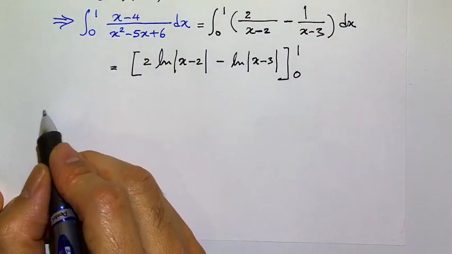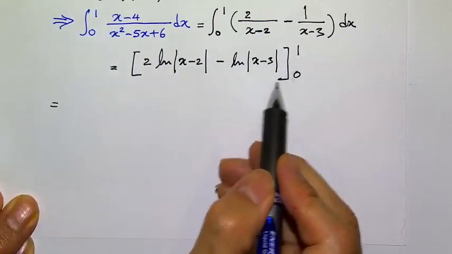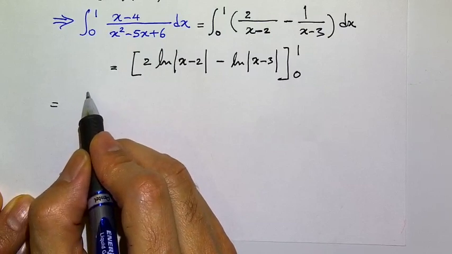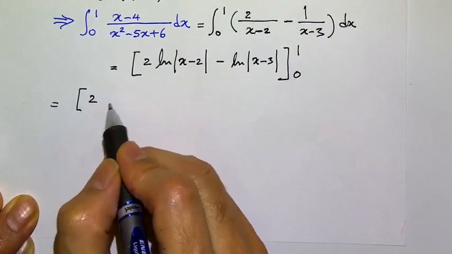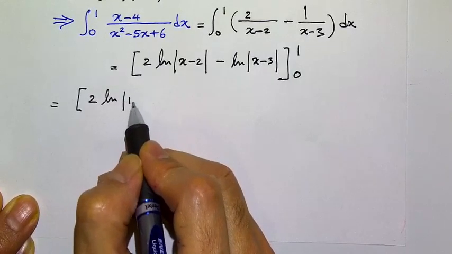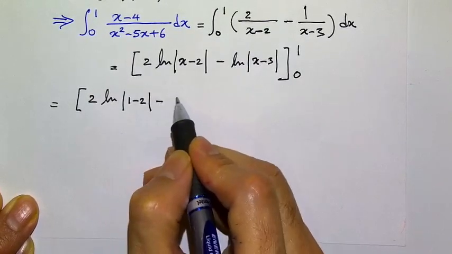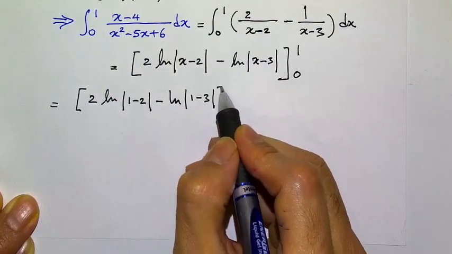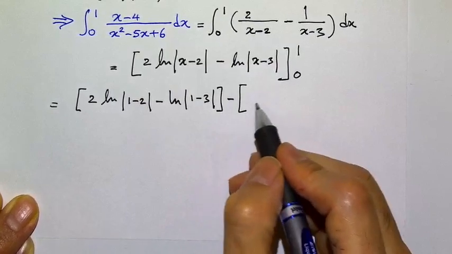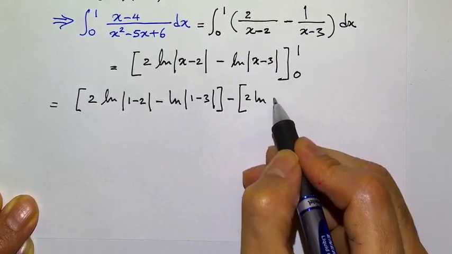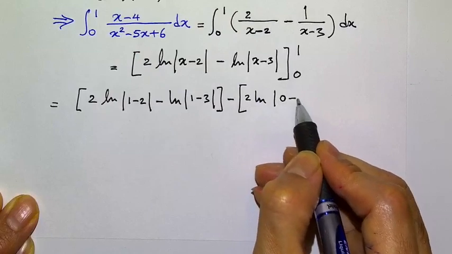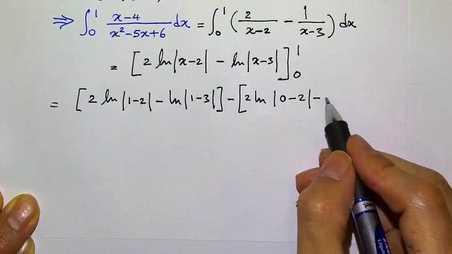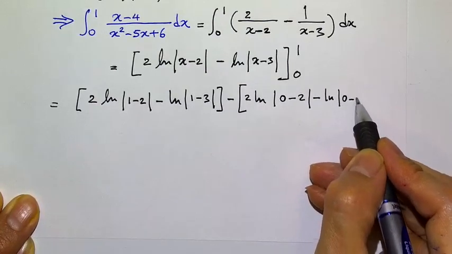Okay. So then we take this one step further, just replacing x with 1 and then 0. We have, okay, 2 times natural log of 1 minus 2 minus natural log of 1 minus 3, minus 2 natural log of 0 minus 2 minus natural log of 0 minus 3.